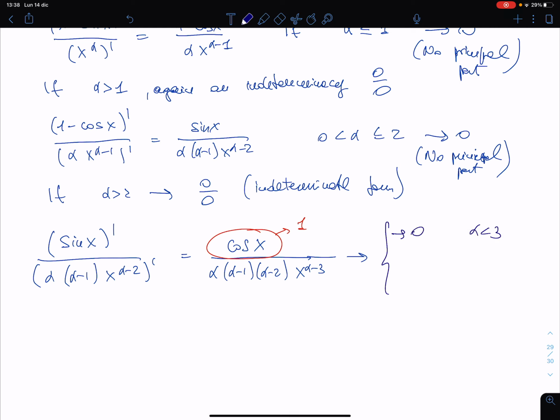For alpha equal to 3, it goes to 1 over 3 times (3 minus 1) times (3 minus 2), equal to 1/6. And then plus infinity when x goes to 0 from the right, and minus infinity when x goes to 0 from the left, for alpha larger than 3.